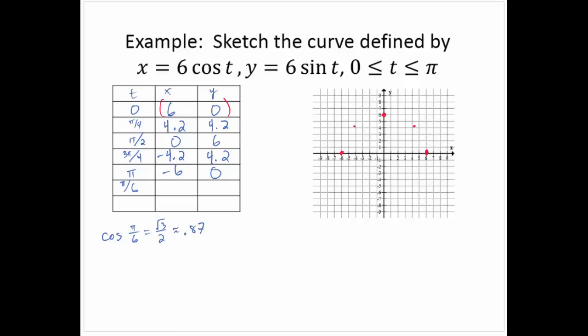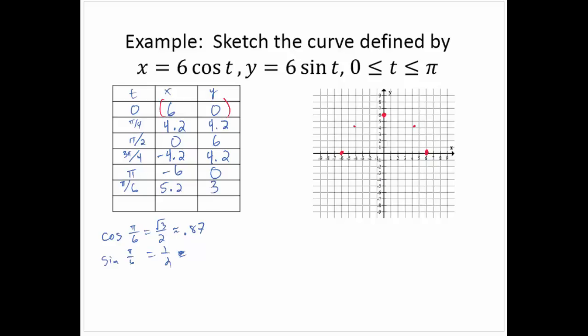Multiplying that by 6 is about 5.2. The sine of pi over 6 is 1/2, and multiplying that by 6 would be exactly 3.